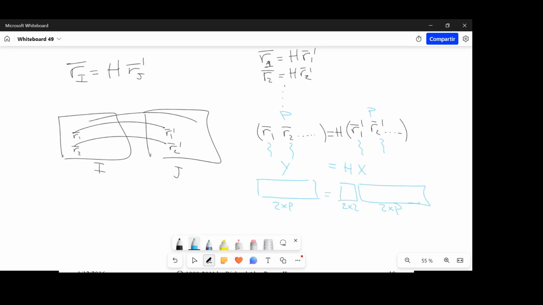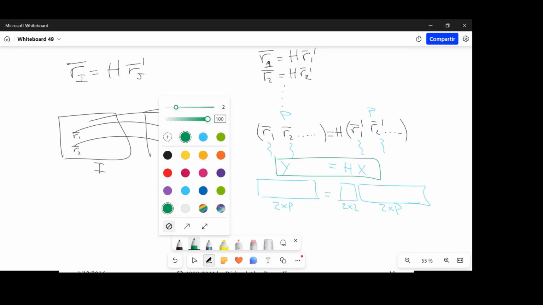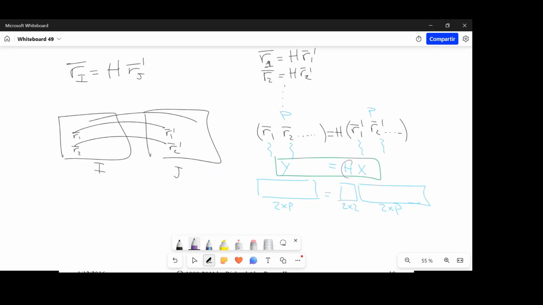The equation is this one. So I want to solve, which is my answer. My answer is H. So I want to solve for H. I don't know the H.